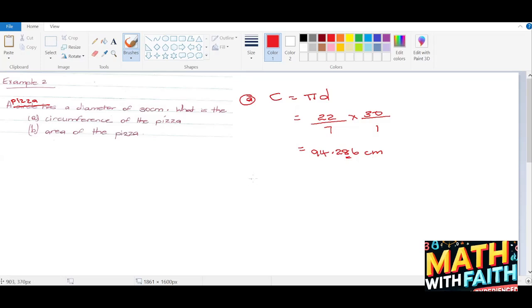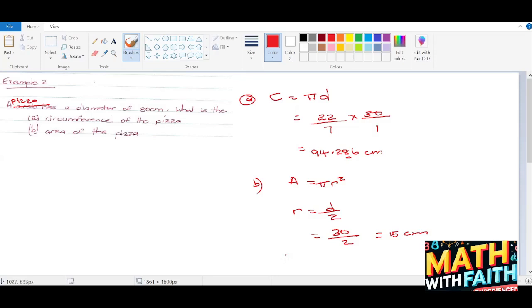So that's our unit. B says, what's the area of the pizza? And we know the area of a circle, and the pizza is a circle, is given by pi r squared, right? We didn't have an r given for this, but we know r is half of d. D divided by 2. So that is 30 divided by 2, so r is 15 centimeters.